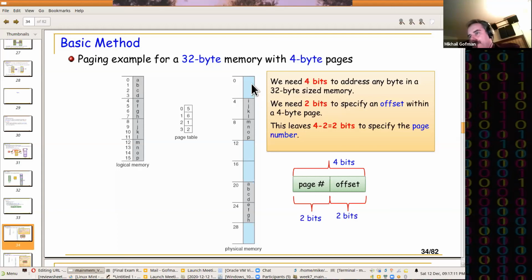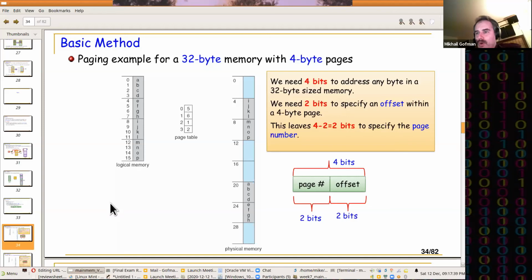Well, if the physical memory is 32 bytes in size, then 32 divided by 4, the size of a single frame, we get 1, 2, 3, 4, 5, 6, 7, 8 frames, right? Because 32 divided by 4 is going to be 8.